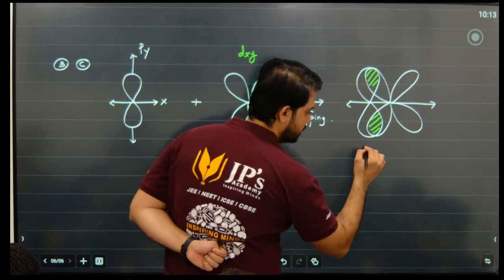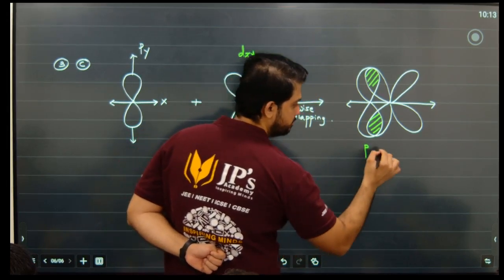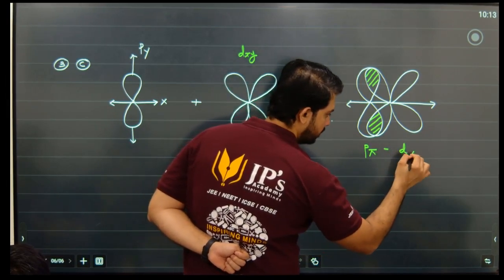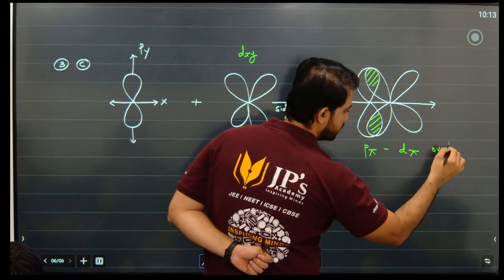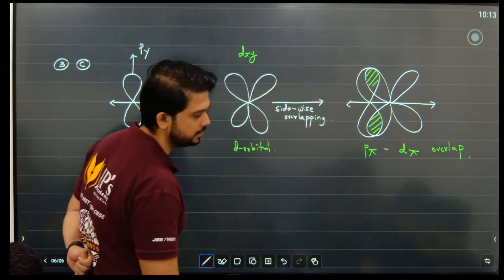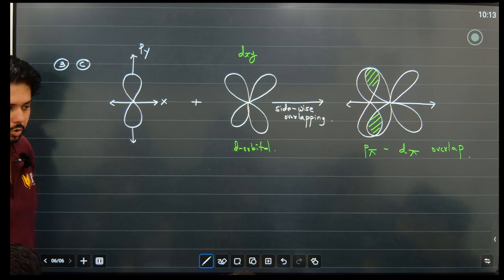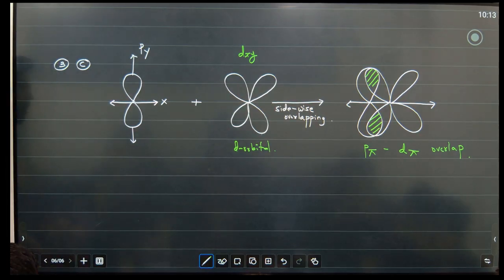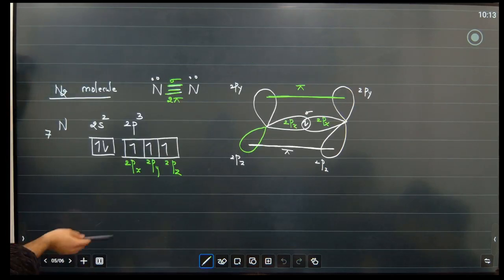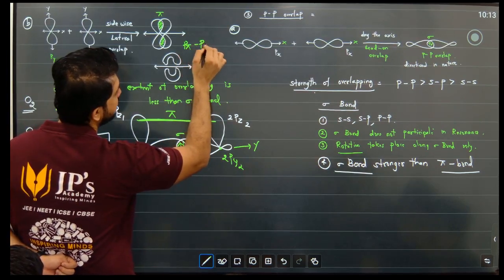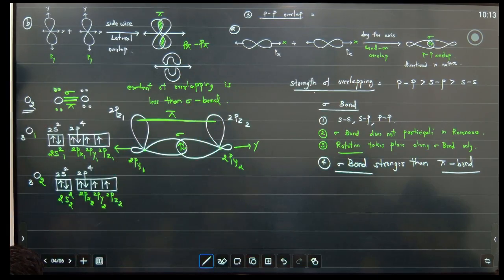This is called P overlapping with D and forming a pi bond. We call this P pi D pi overlap. This can also be called, I forgot to write P here, pi overlap.